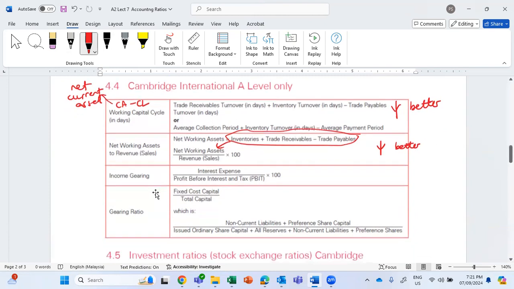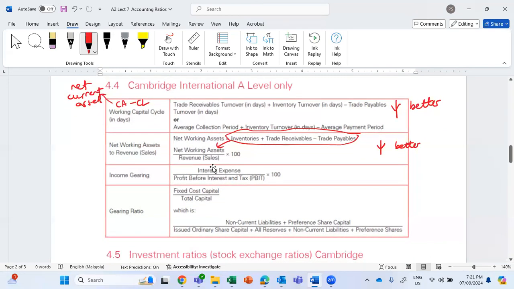Then the next formula is income gearing. This is the formula: interest expense, as in your finance cost, divided by profit before interest and tax, simply profit from operation, times 100%. Income gearing measures the proportion of finance cost over profit from operation.